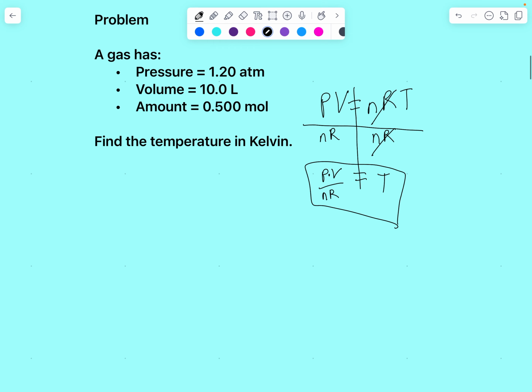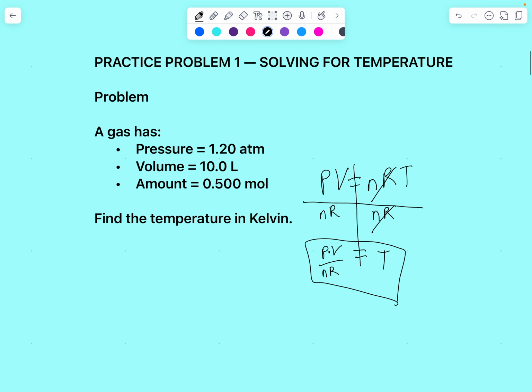Pressure is in ATM, volume is in liters, moles are given, and R matches these units, so we are ready to plug in. So I'm gonna say temperature equals 1.20 ATM times 10.0 liters, because that would be my volume, that's PV.